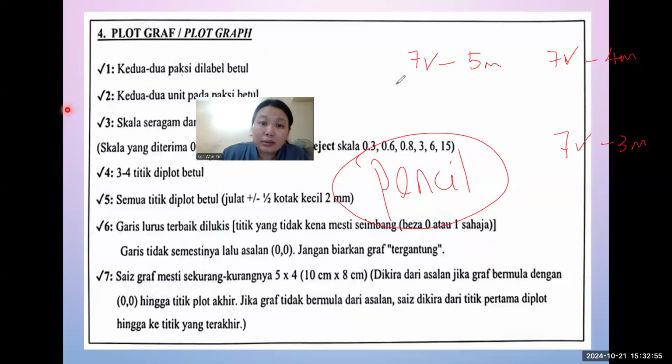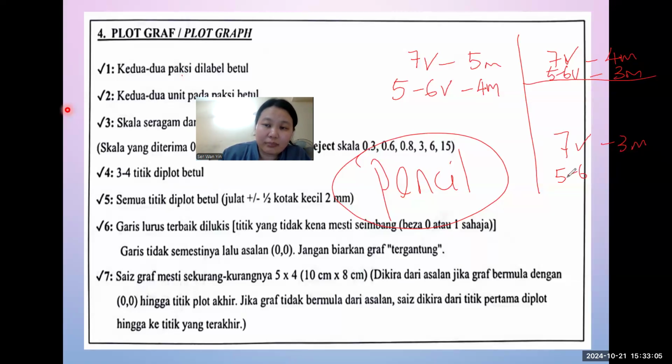Okay. So for example, 5 to 6 tick, you get 4 marks, or 3 marks. 4 to 6 tick, you get 2 marks. They didn't fix the mark yet. Maybe 5, maybe 4, maybe 3.